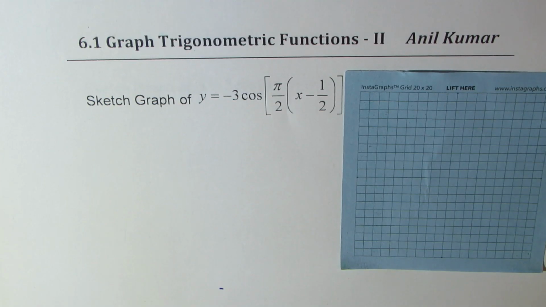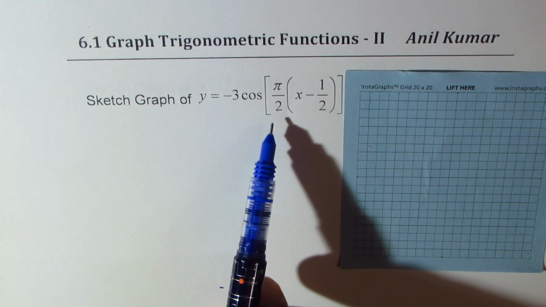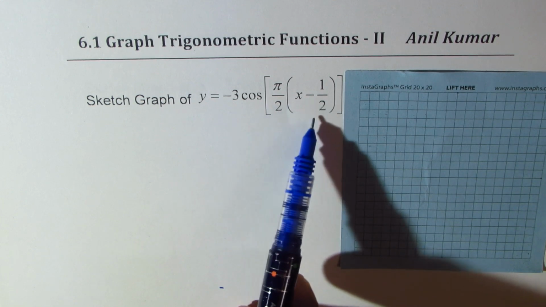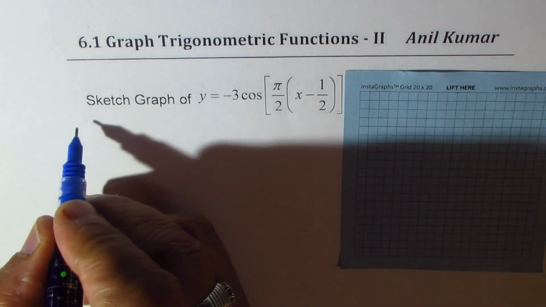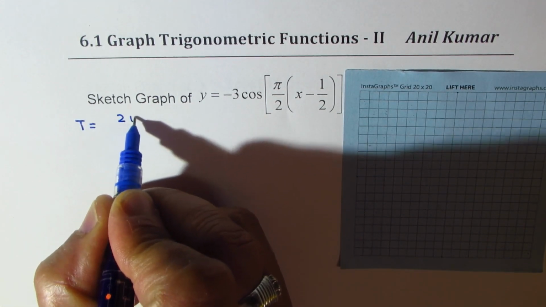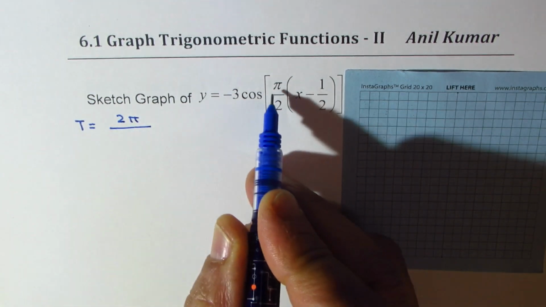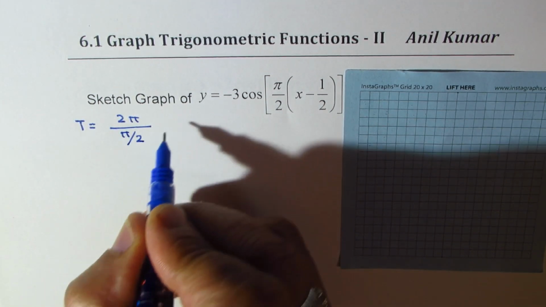The very first one here is y equals minus 3 cos of pi by 2 times (x minus half). So we know that the k value is pi by 2. To find the time period T, which should equal 2 pi divided by pi by 2, pi and pi cancel.